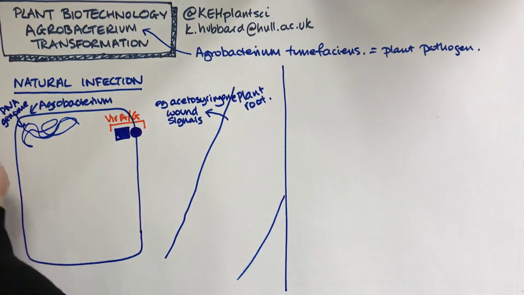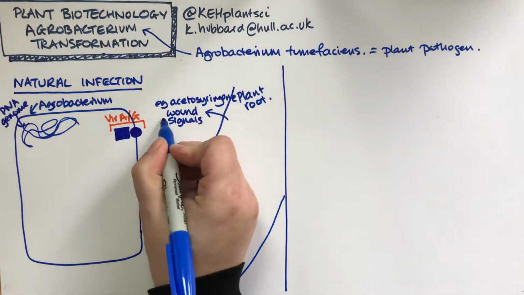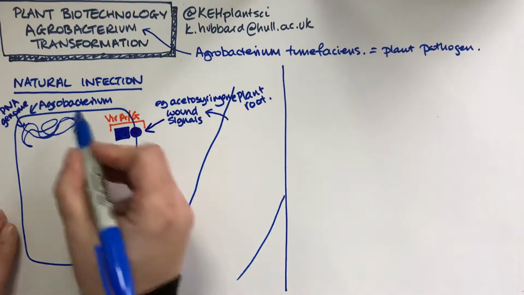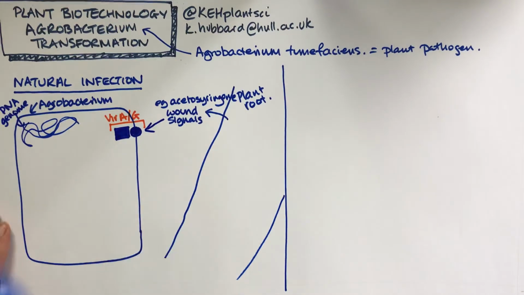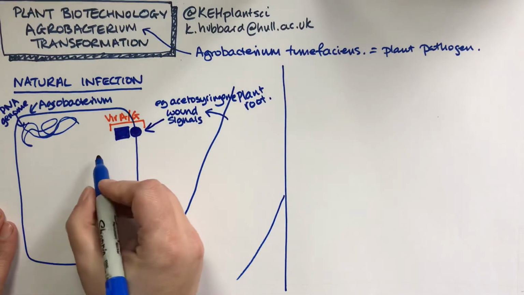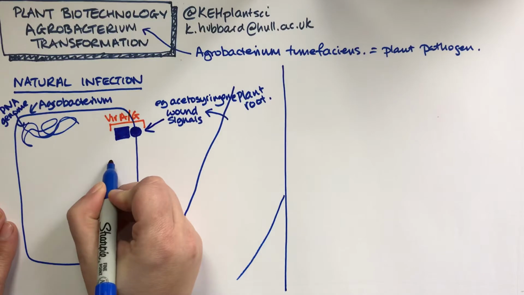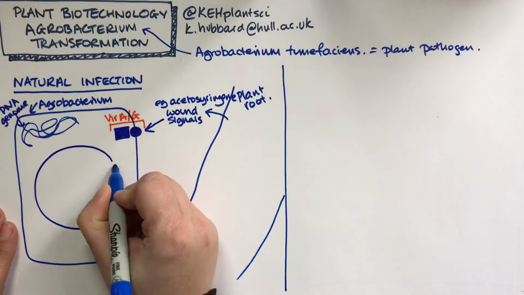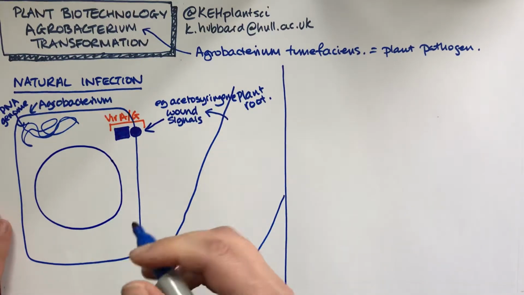They are a signalling system. They detect the wound signals, and then they stimulate some events inside this bacterial cell. And what makes Agrobacterium so special is it has a plasmid inside it that is responsible for the infection.